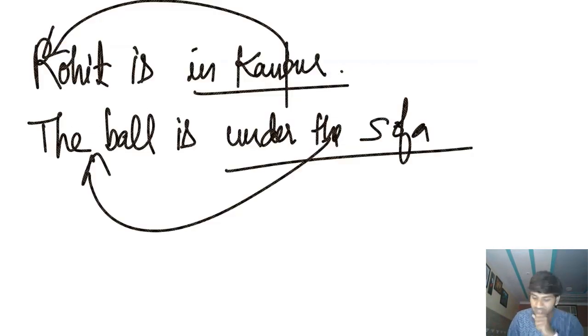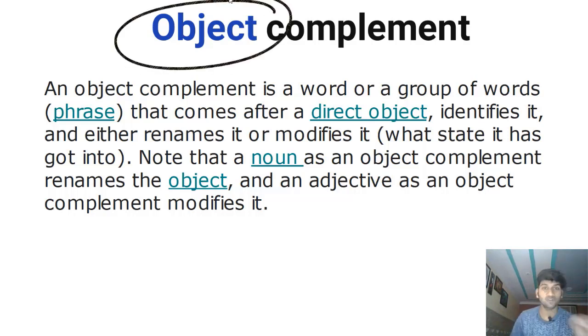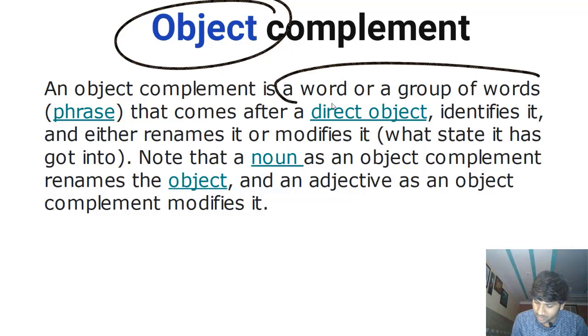Okay, now let's move to the other type, object complement. Just look at the word object complement, something that completes the meaning of an object. So an object complement is a word or a group of words, a phrase, but cannot be a clause.